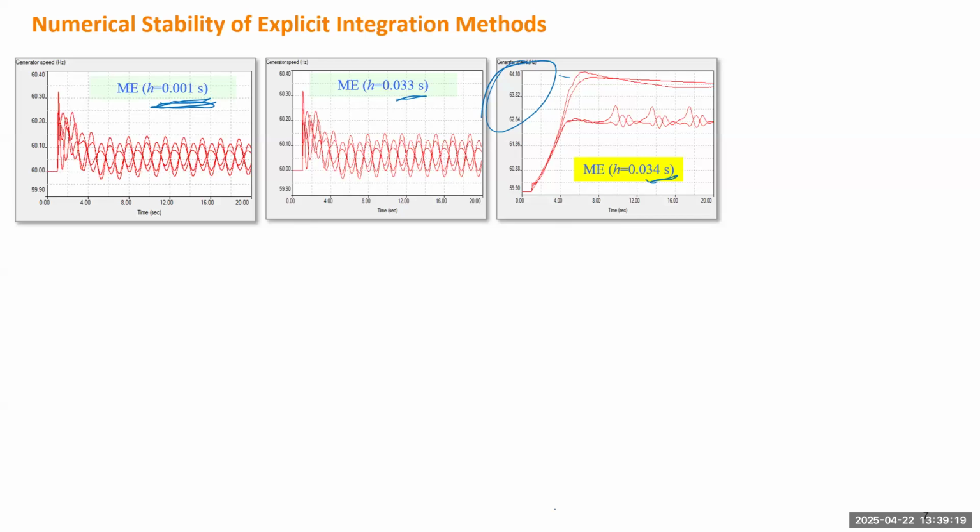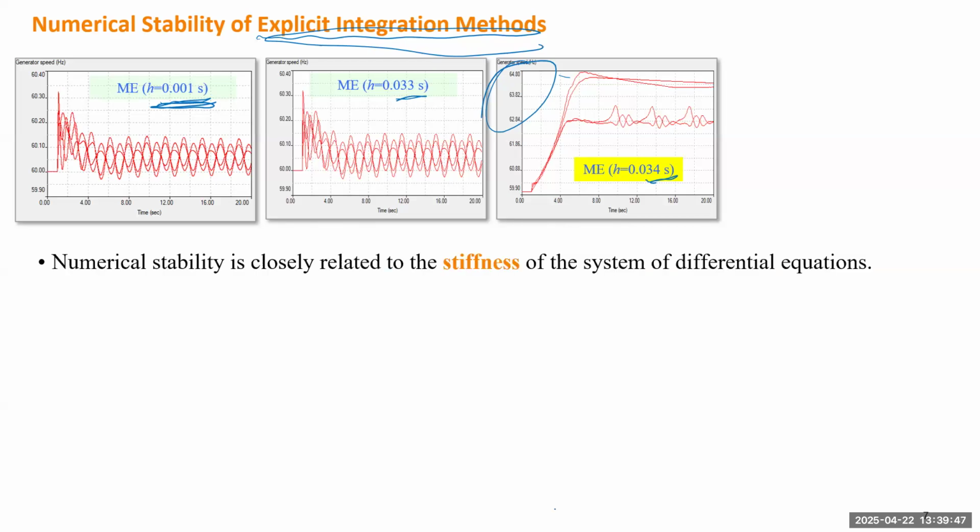So this is caused by numerical instability, not transient instability. Which means the instability happens in the simulated system because of the too large time step. It's not really caused by the instability of the system itself. This problem may happen especially with explicit integration methods. The implicit method usually will be much better than the explicit method.